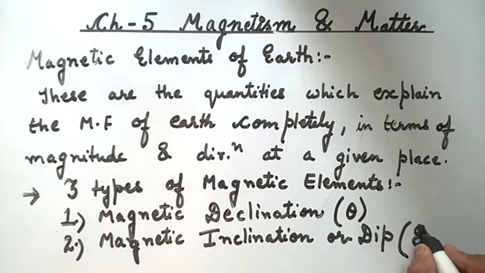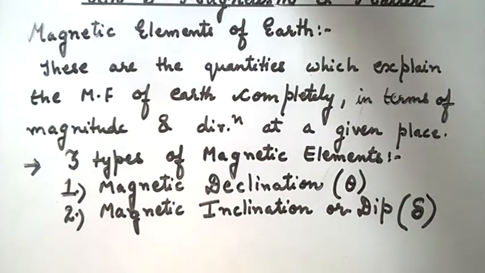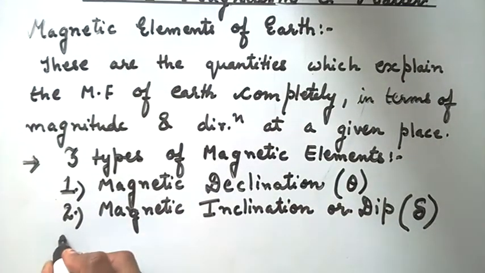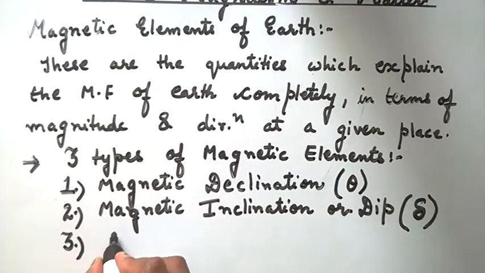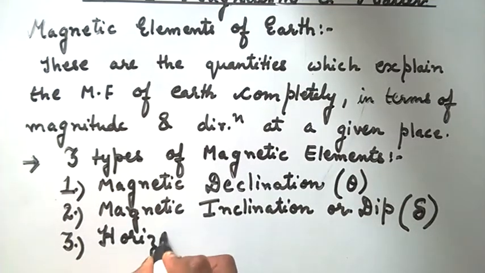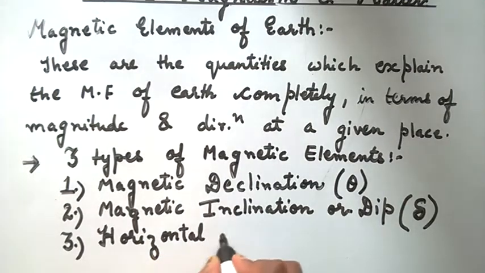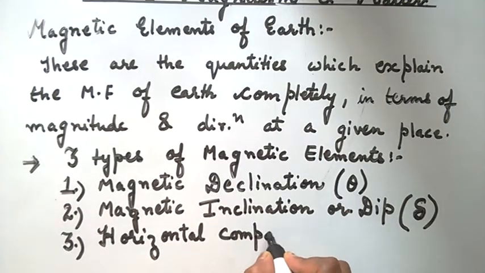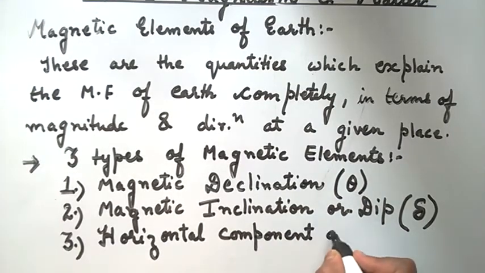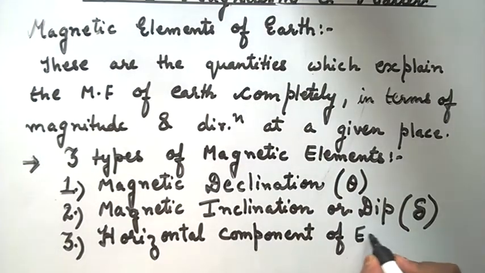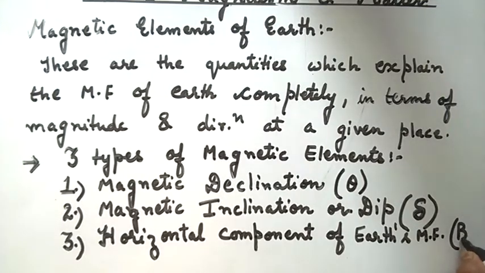Let's denote it by del. The third element is horizontal component of Earth's magnetic field. Let's denote it by symbol BH.